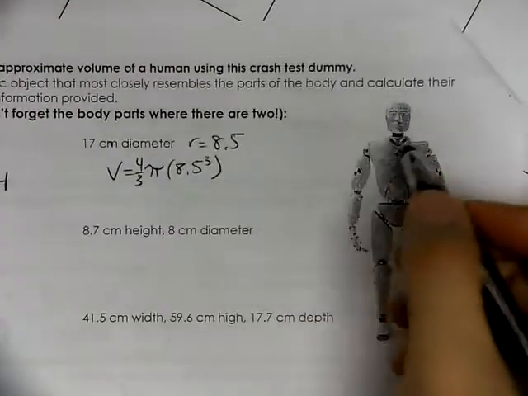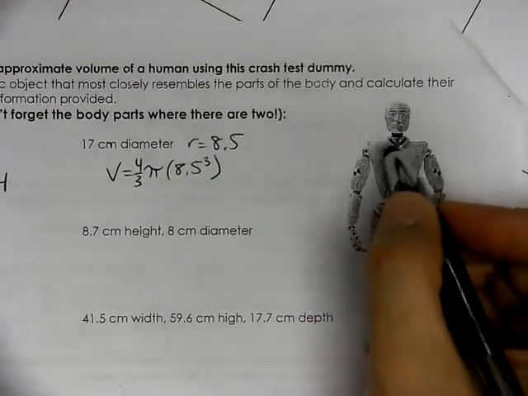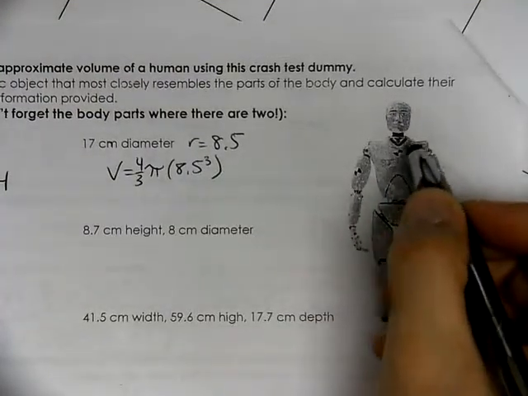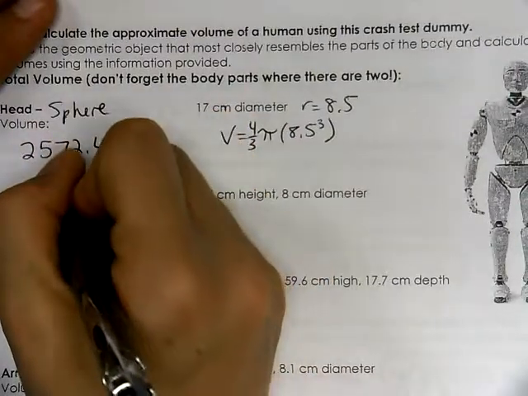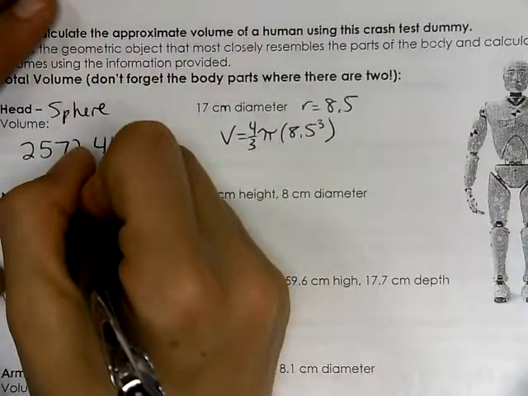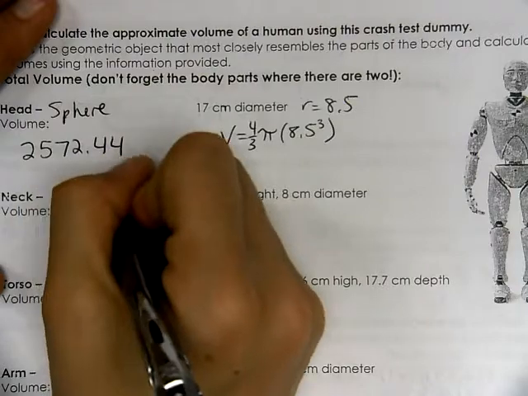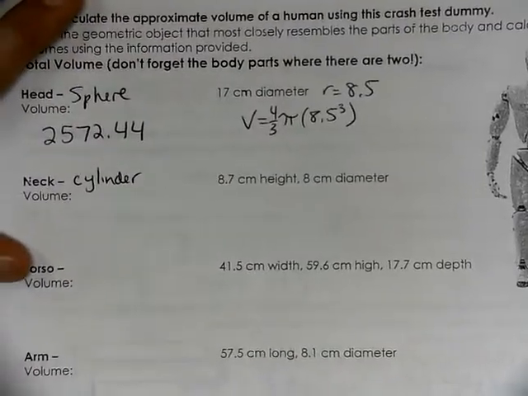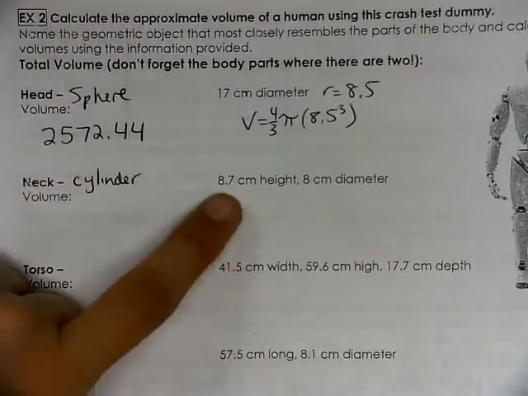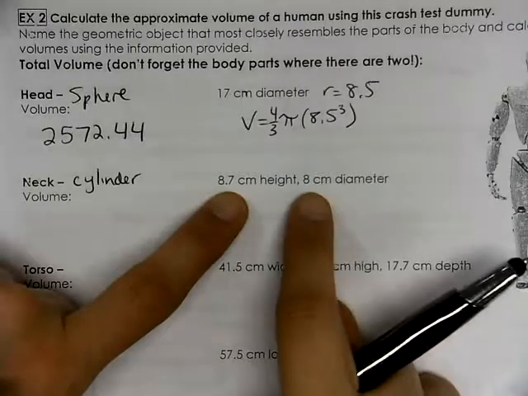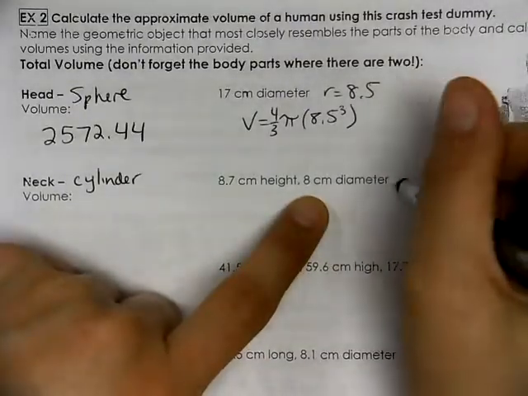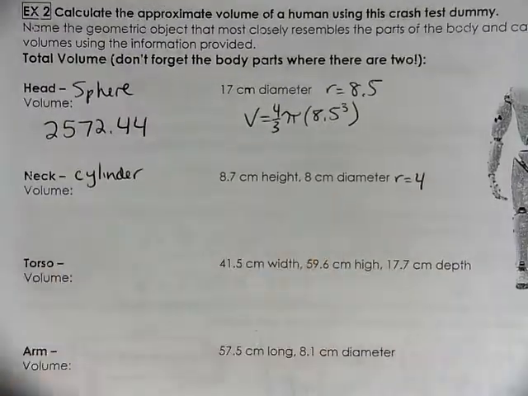His neck. What do you think his neck is? What shape? But not a sphere. Cylinder. There you go. The height is 8.7 centimeters, 8 centimeter diameter. So our radius here is 4.